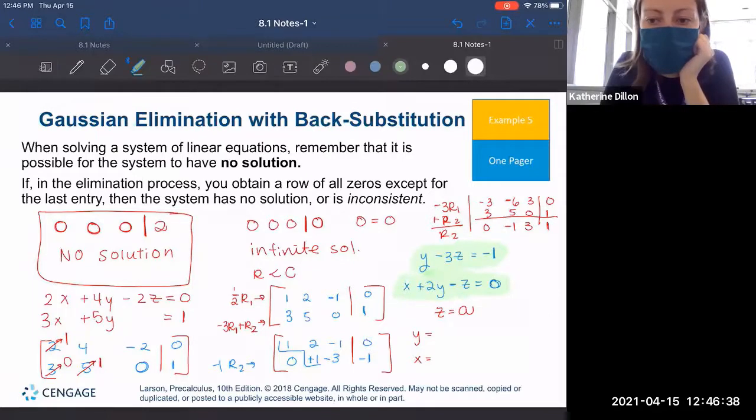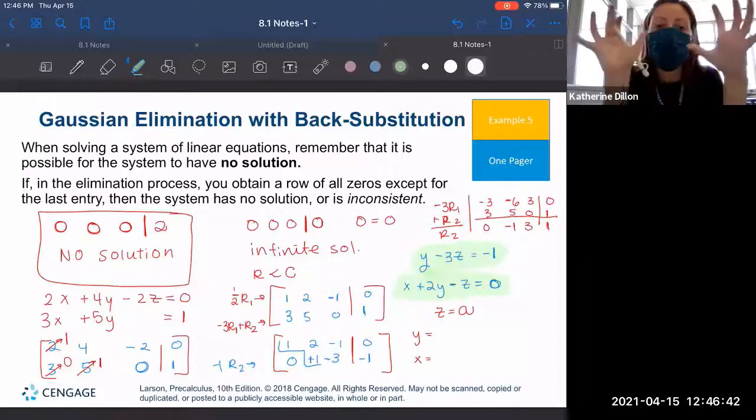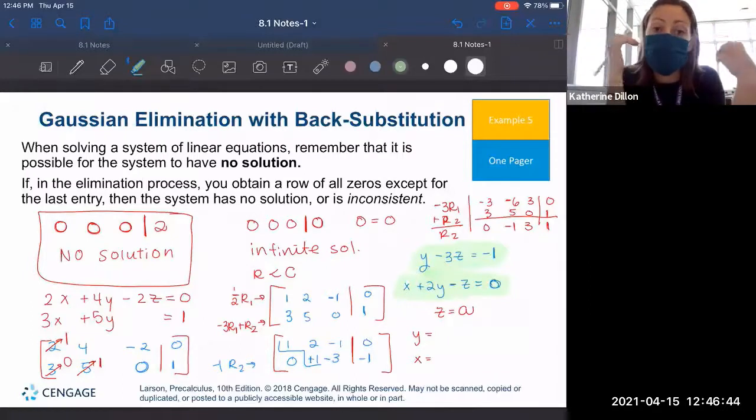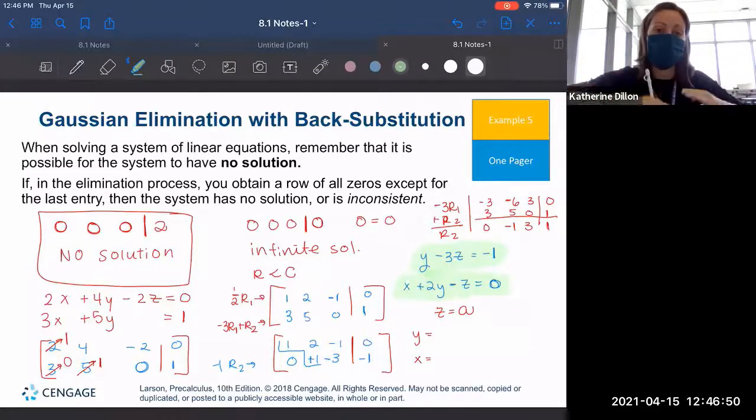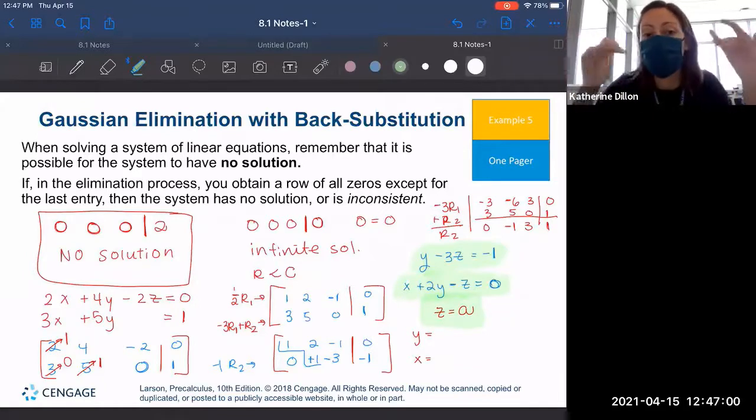Someone asked, can I repeat what z equals a means? When you get infinite solutions, that doesn't mean that everything in the world is a solution. That means that there's specific solutions on some sort of pattern. So we need to find that pattern. What we do is we start with z equals a. We just do that so that we have some variable that's outside of x, y, z.